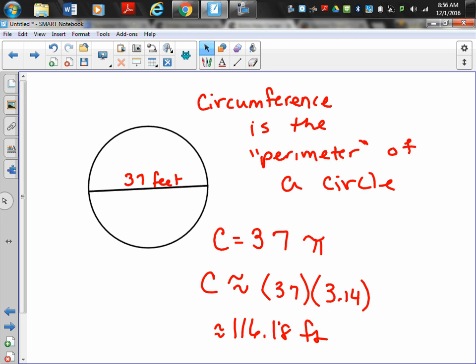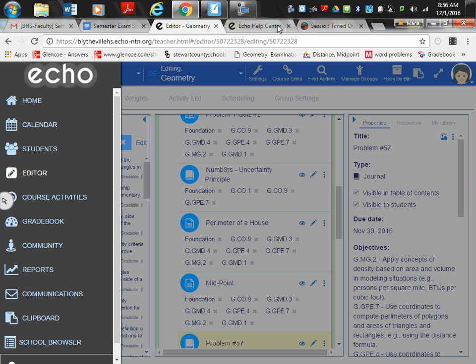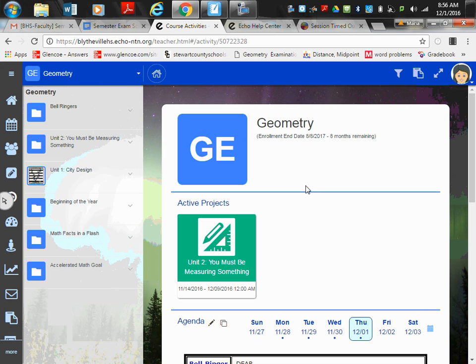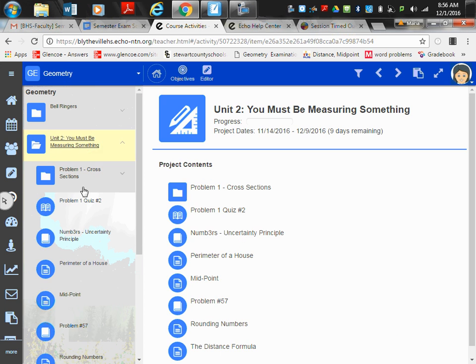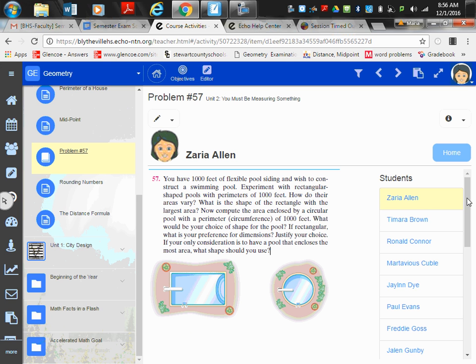All right. So let's look at the problem that you have in Echo. It's under Geometry, Unit 2, and then it says Problem 57. You want us to go to it? Not necessarily.